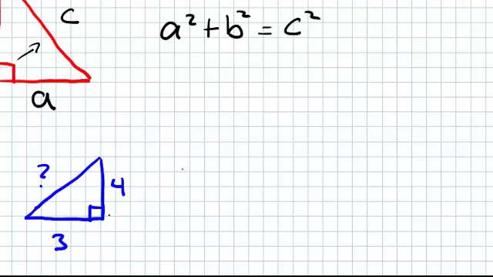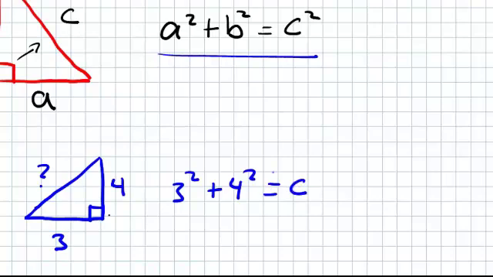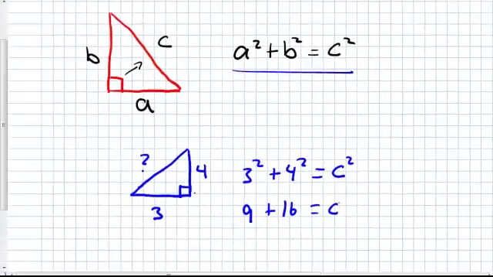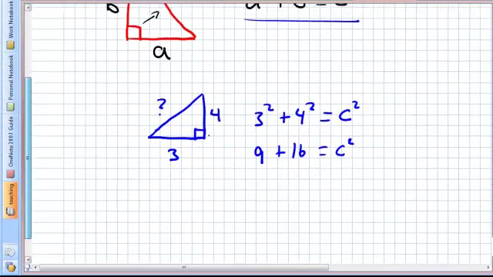Taking my Pythagorean theorem, I'm going to plug in 3 squared plus 4 squared equals something. We don't know what it is, so we'll call it C squared. So 3 squared is 9, plus 4 squared is 16, equals C squared.